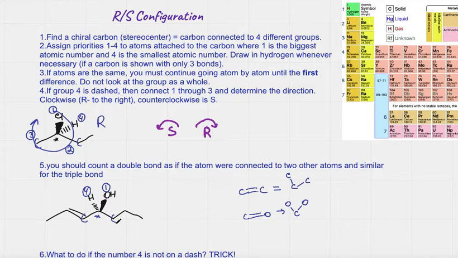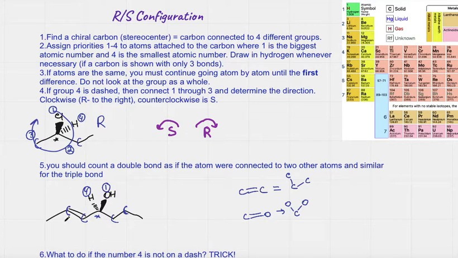The carbon on the left has a double bond to another carbon, and we said that this double bond is the same as saying this carbon is connected to 2 other carbons. So we can think of this carbon as being connected to 2 other carbons, while the carbon on the right is only connected to 1 other carbon.